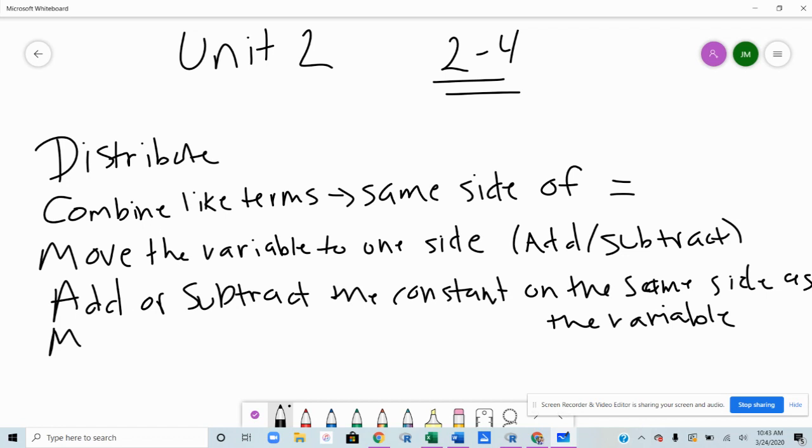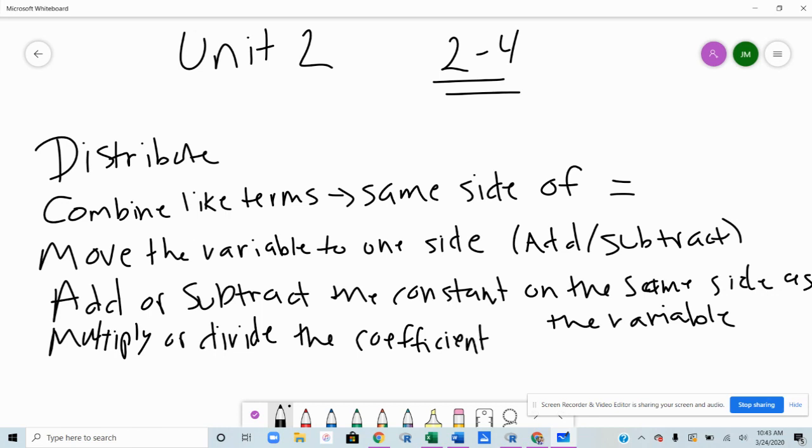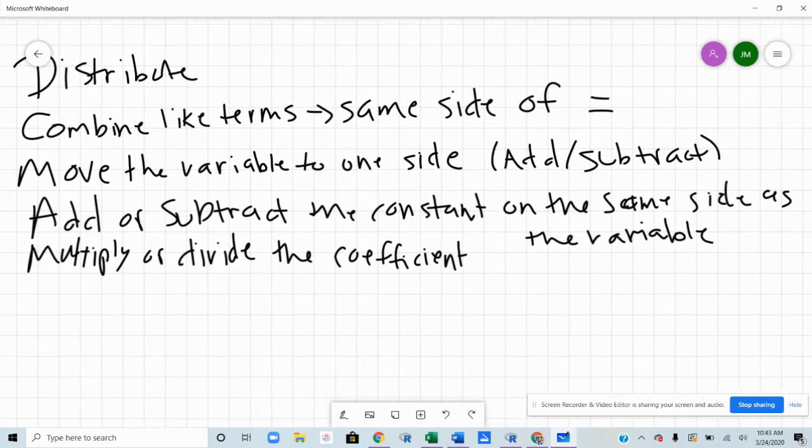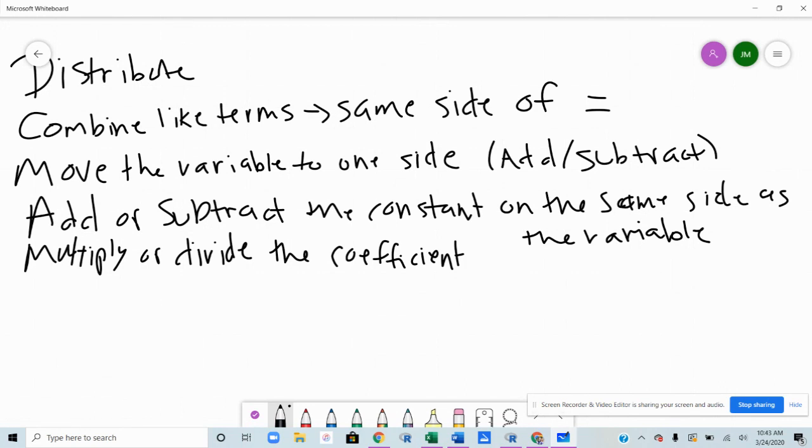Okay, and your last M stands for multiply or divide the coefficient. Remember, the coefficient is the number in front of your variable. Okay, so those are all of your steps. You should go in that order.